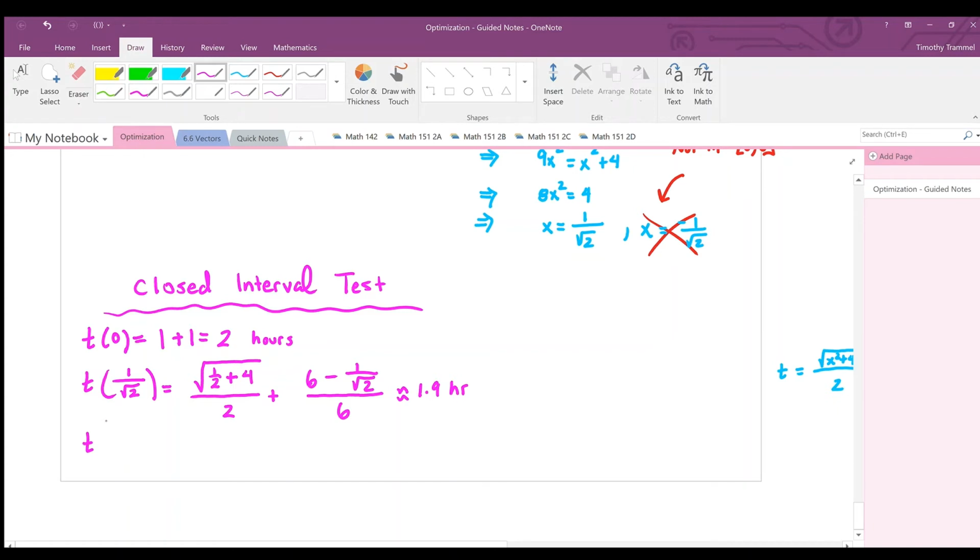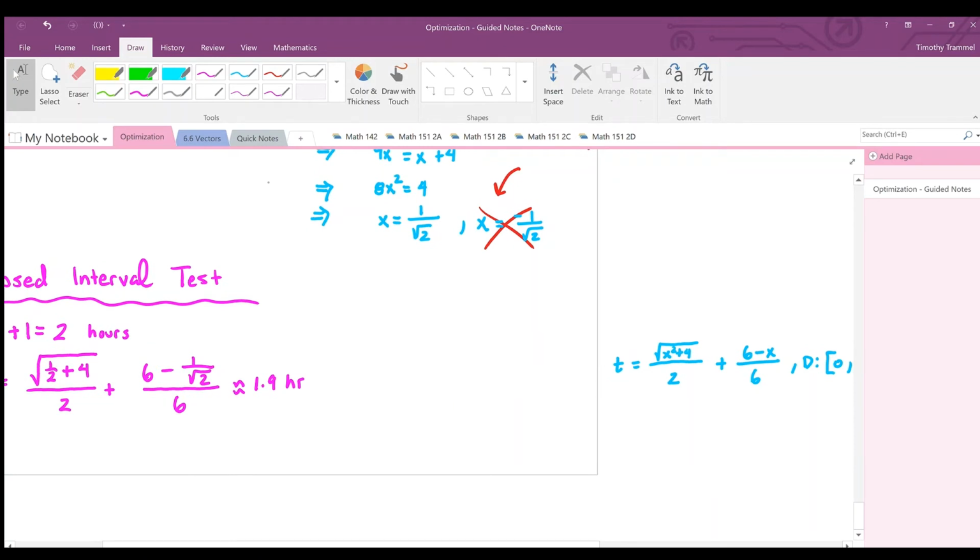And let's also check t at 6. That was our rightmost endpoint. So in that square root, we're going to have 36 plus 4. So this is going to be the square root of 40 over 2, and then plus 0.